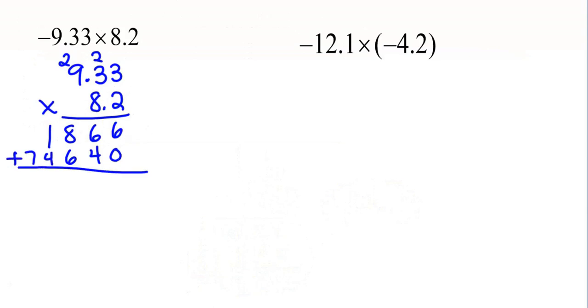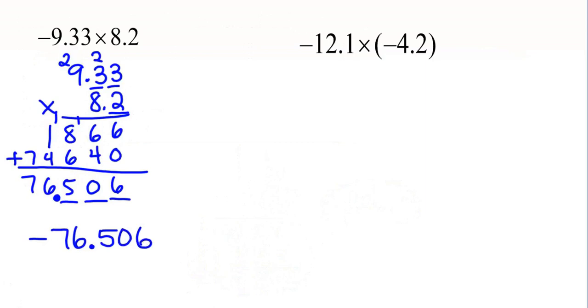Add these together: 6, 10, 15, 6, 7. There are 1, 2, 3 digits behind the decimal in the problem, so there should be 3 digits behind the decimal in my answer. And remember, I know my product was going to be negative. Do not forget to put the negative on there if it belongs there. Negative 76.506 is my product.